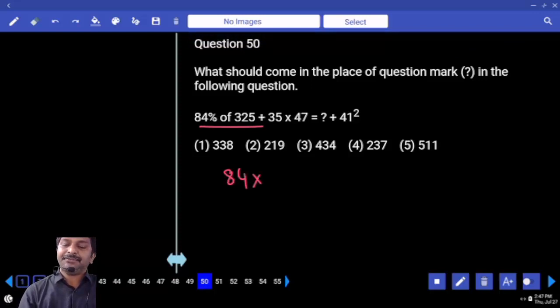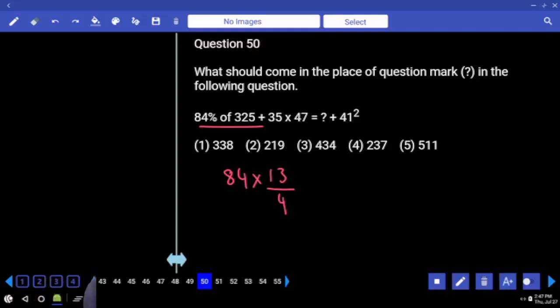84% in the sense 84 into 1% value. What is 1% of 325? Change the representation. 3.25. I don't like it. 3 1 by 4. Again change it. 13 by 4. Got it? 13 by 4. Yes? What I want to verify is the last digit, because the options are ending with different numbers.